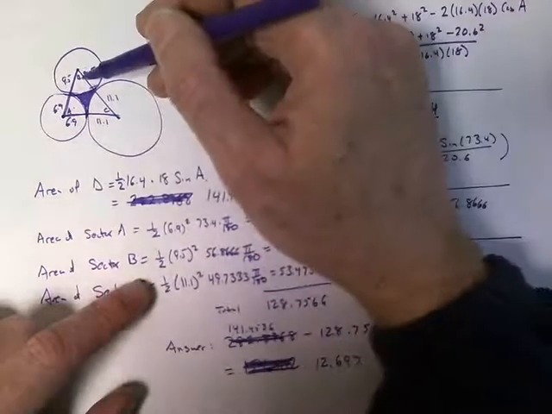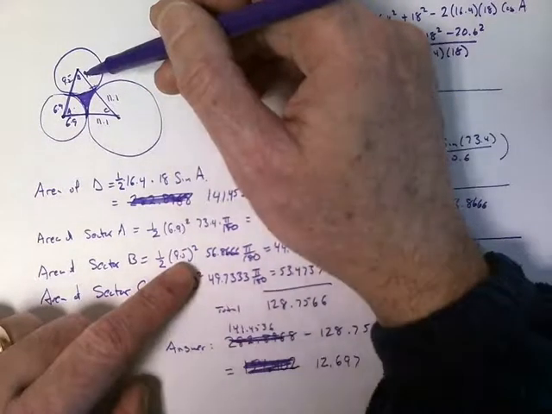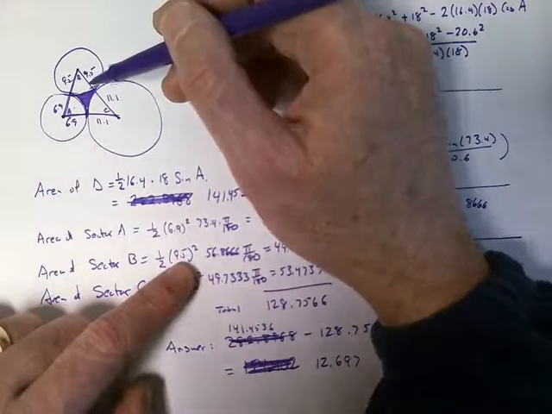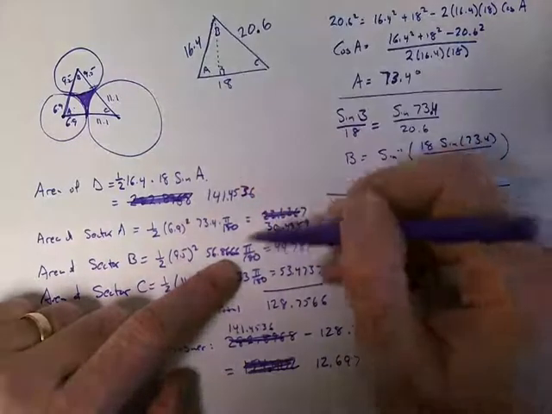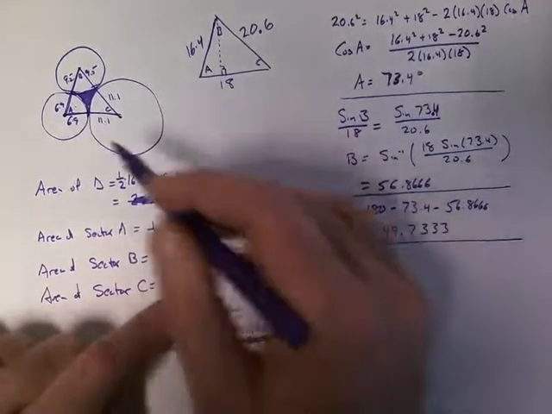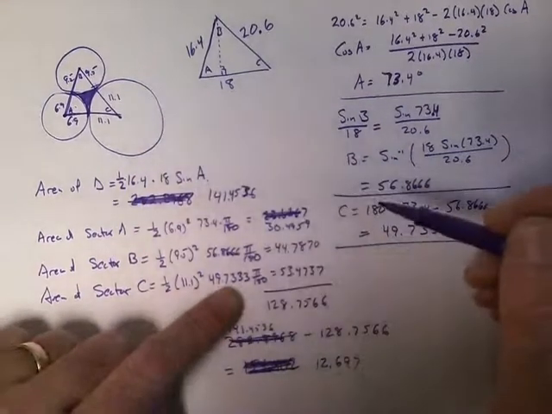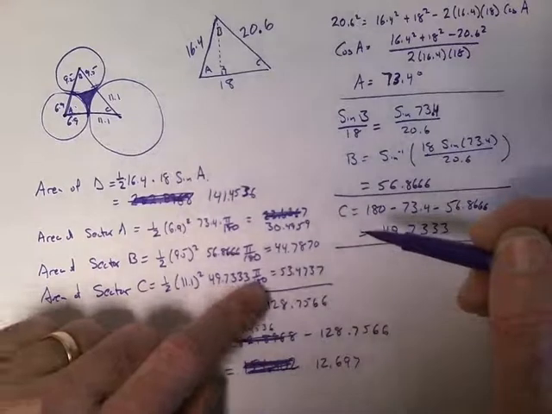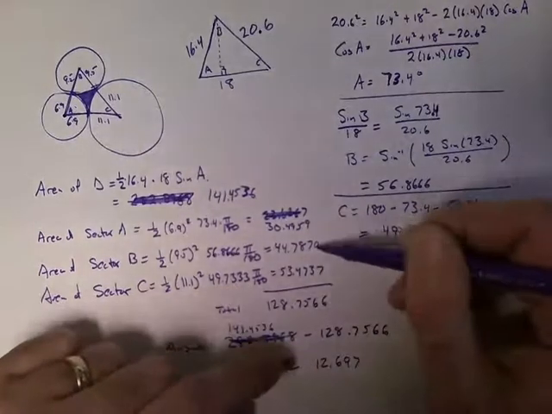Likewise, angle B, using 9.5 as my radius, and the angle is 56.866 converted to radians. That's the area of that sector, and likewise angle C using 11.1 as the radius, and the angle of 49.73 converted to radians. So there's the three sectors.